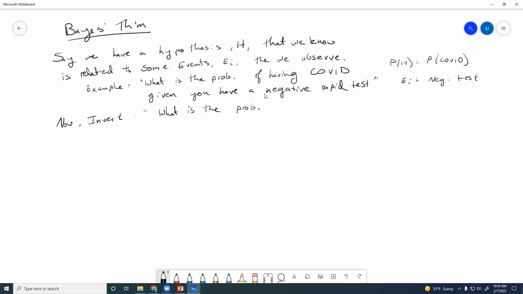So what's the probability of this event, a negative test, given that we have COVID?